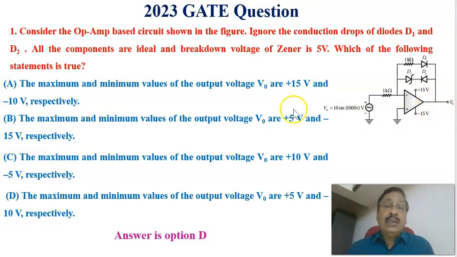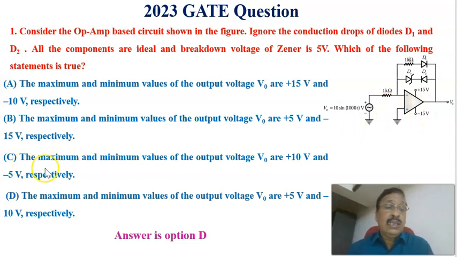this point. Now the options are: A, the maximum and minimum values of the output voltage V0 are plus 15 volt and minus 10 volt respectively. Option B, plus 5 and minus 15 volts respectively.